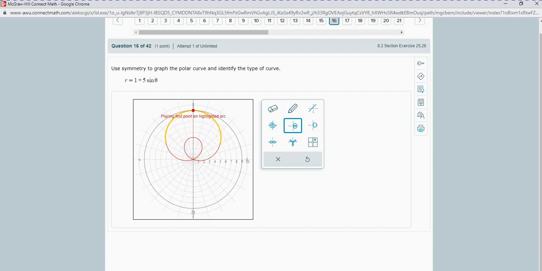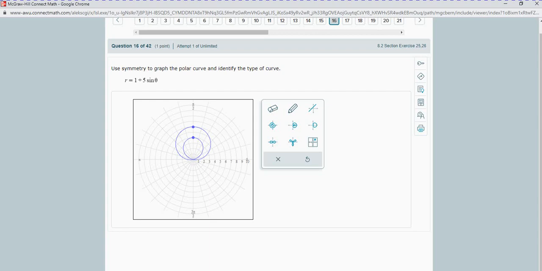Now the next thing it's looking for is that high point, that upper one that we highlighted, and that was on the 6th ring at pi over 2. So I'm going to stop right there, and I'm going to place my point. And then the next point it's looking for is the point that's at the top of the loop. And again, that fell right here at the 4th ring along pi over 2, what we graphed as 3 pi over 2 and negative 4.